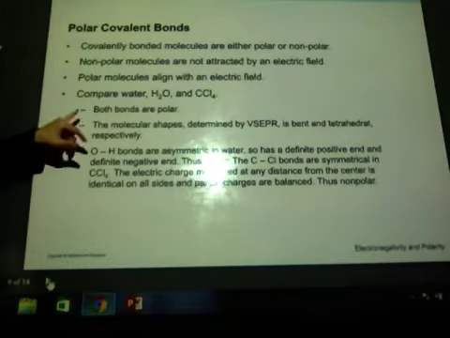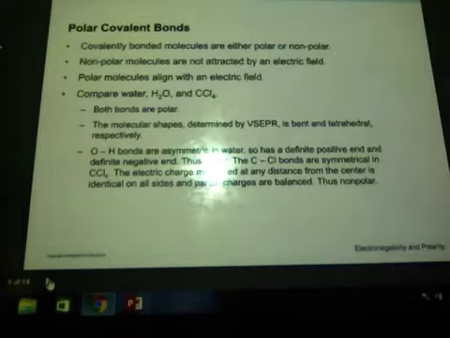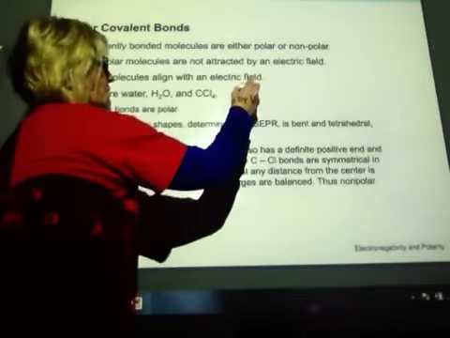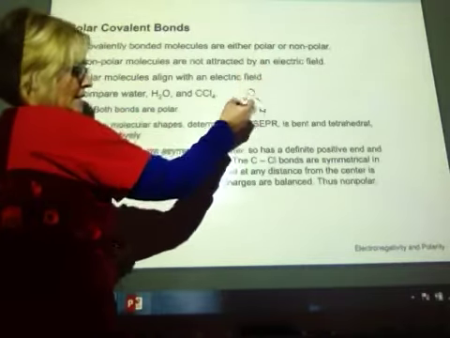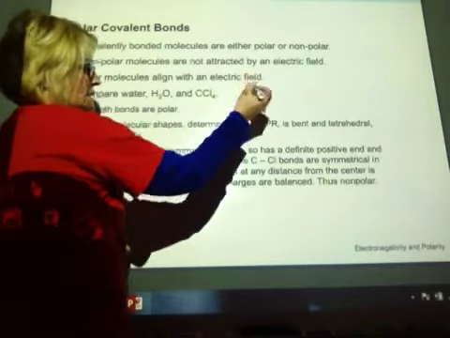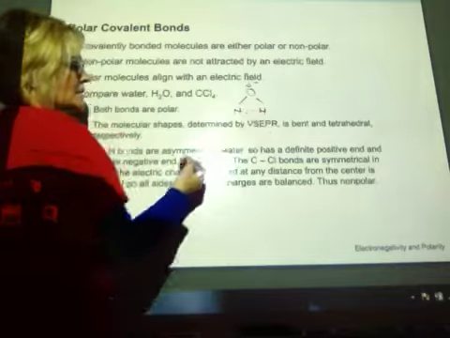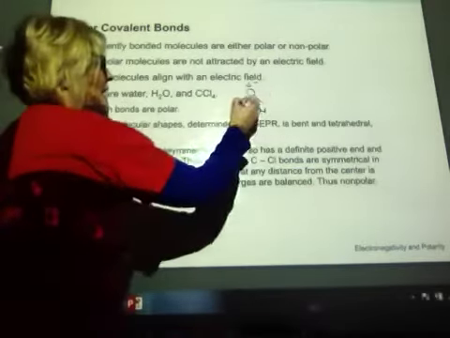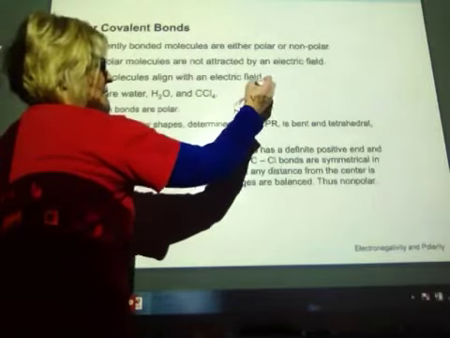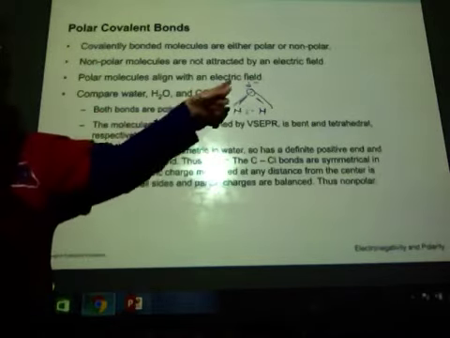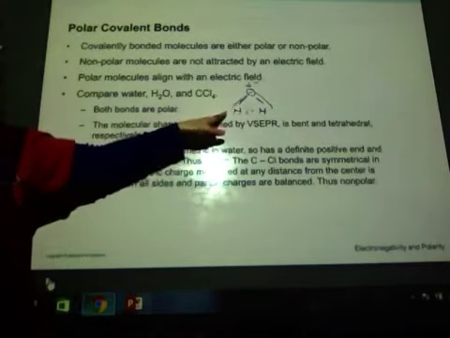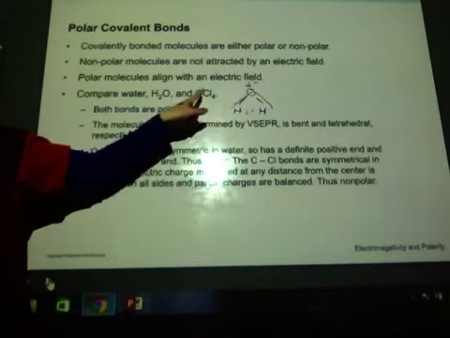But what happens is in the shape. Water is shaped like this. Oxygen has 8, hydrogen has 2, so this is slightly negative. This is a slightly positive end. It's not balanced. So this is going to be a polar molecule. It has a slightly negative end and a slightly positive end.